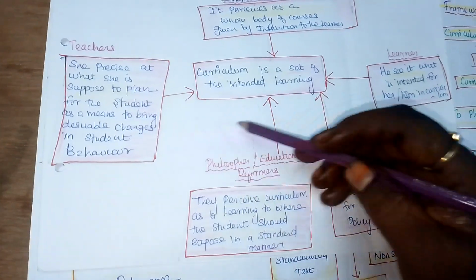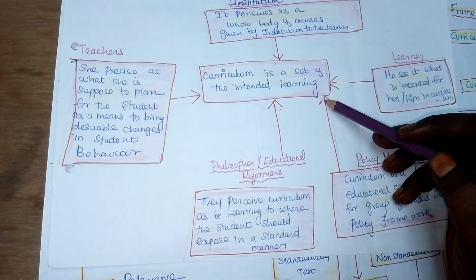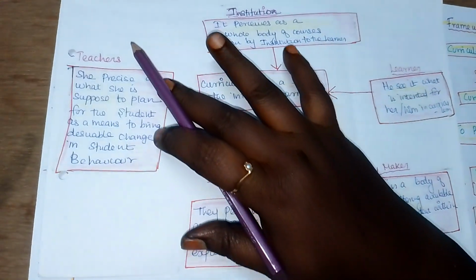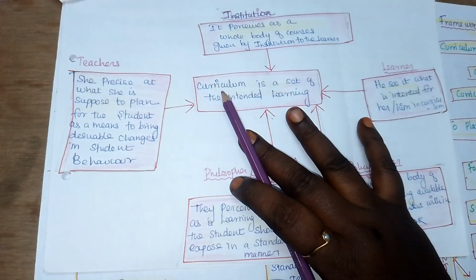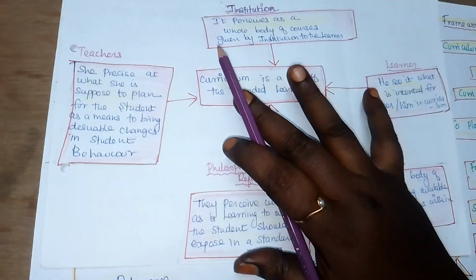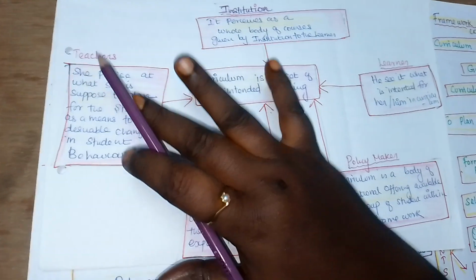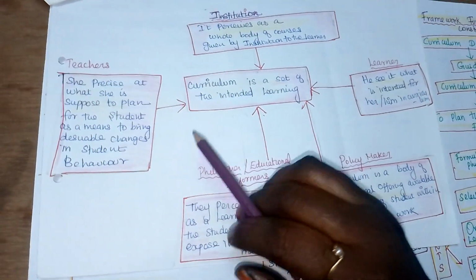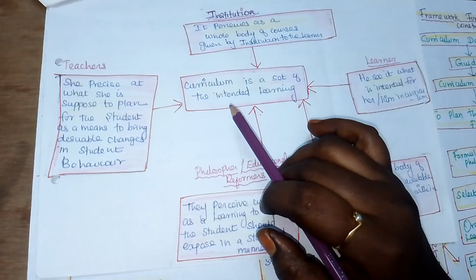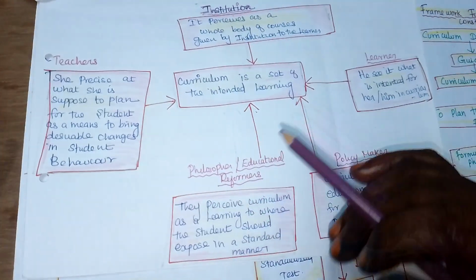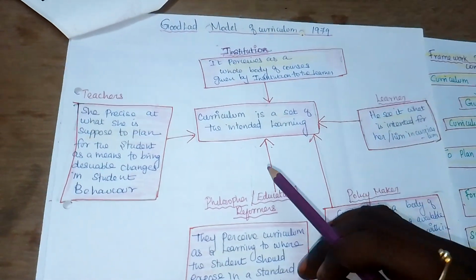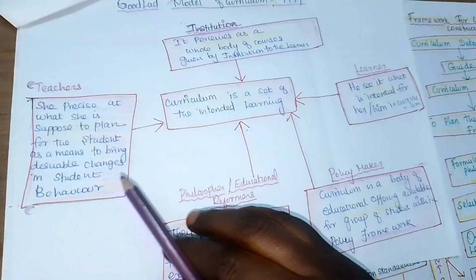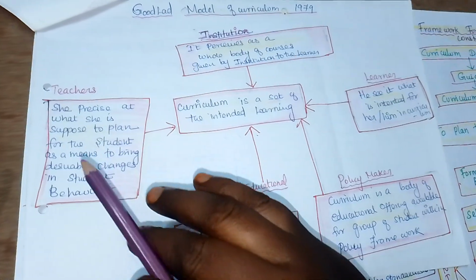So the curriculum is the intended learning. It is the cooperative approach toward the end result of modifying the behavior of the individuals who are involved: psychologists, reformers, policymakers, learners. Last but not least is the teacher, who is the one who makes everything happen.